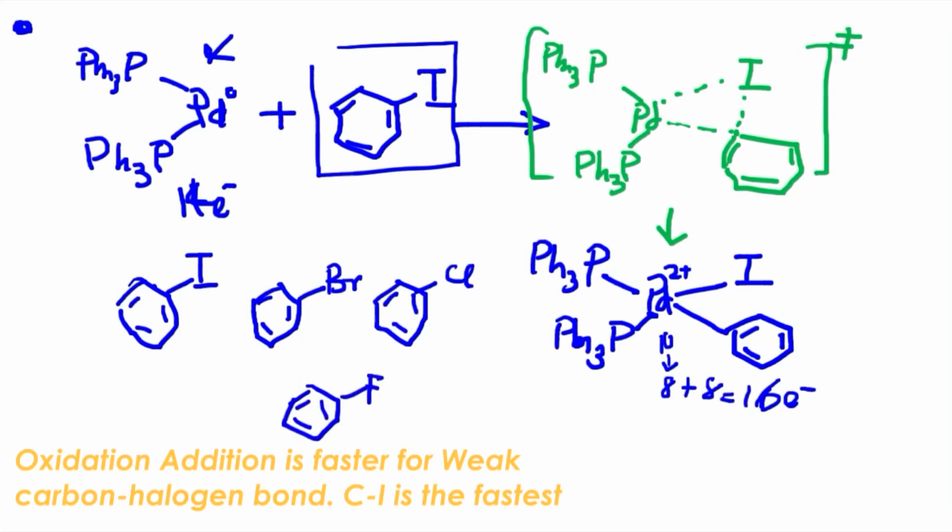So what we can infer is that the oxidative addition is faster with weak carbon-halogen bonds. Here, this is a little bit greater than that, and this here is much greater than that right there.